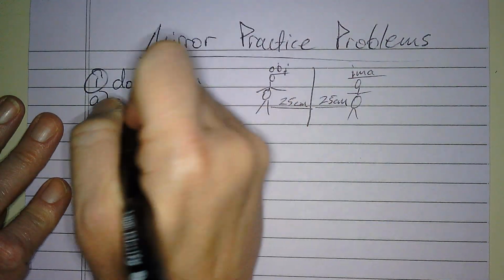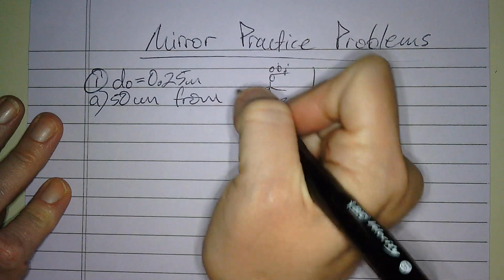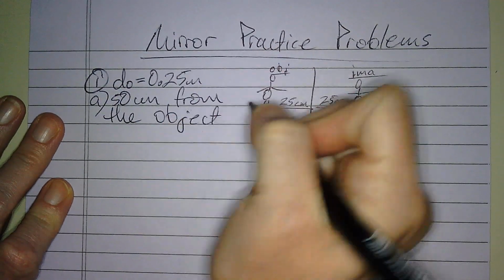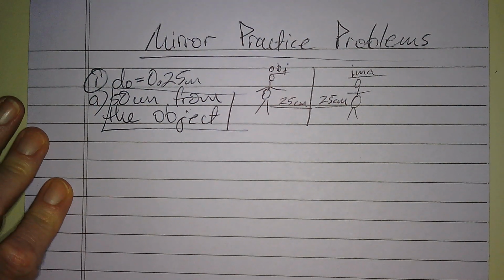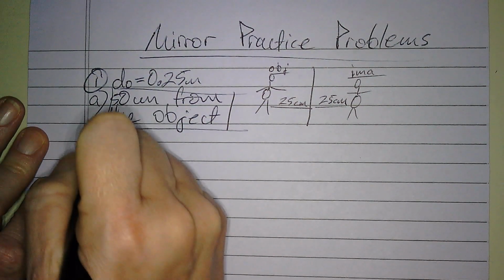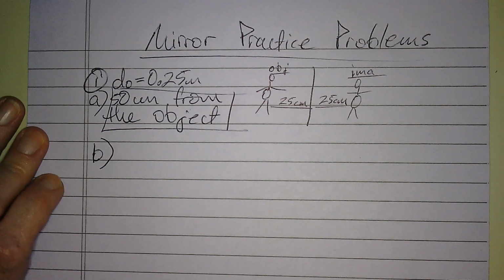It is, you can either say it's 50 centimeters from the object, or you can say it's 0.5 meters from the object. It doesn't matter. Then part B says, what is the magnification?